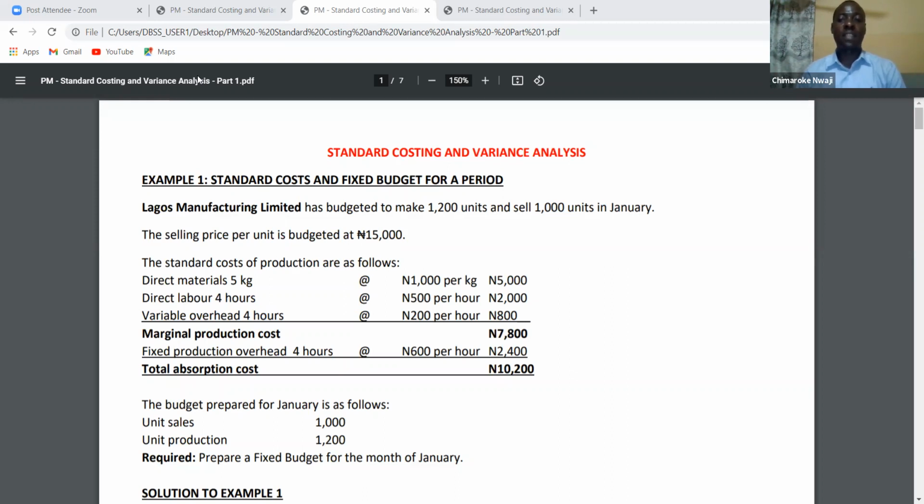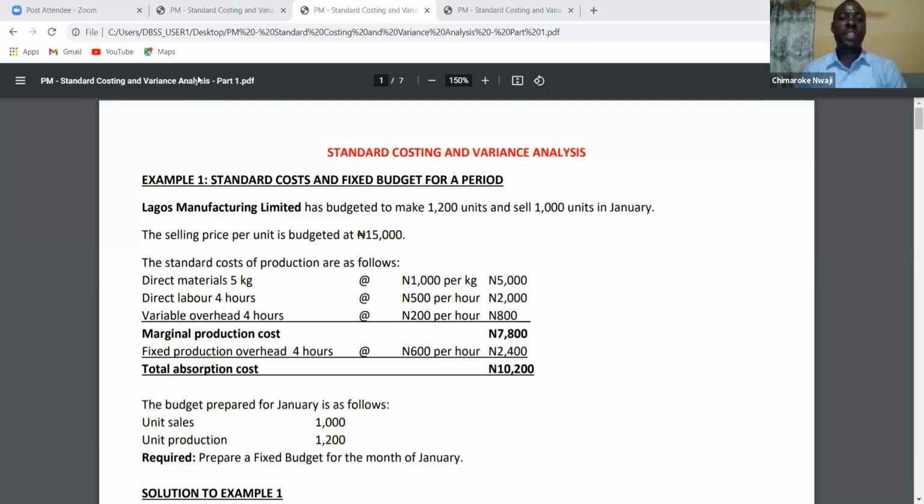Budget is derived from standards. And so budget is built up by standards. That is what we call a fixed budget. What is a fixed budget?